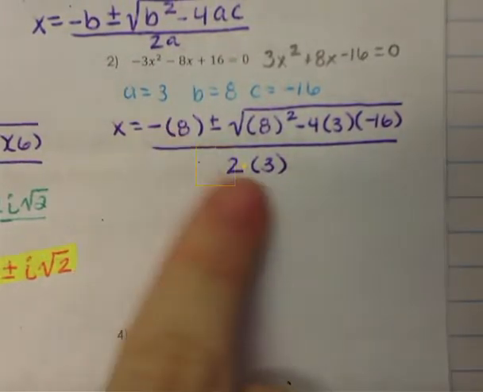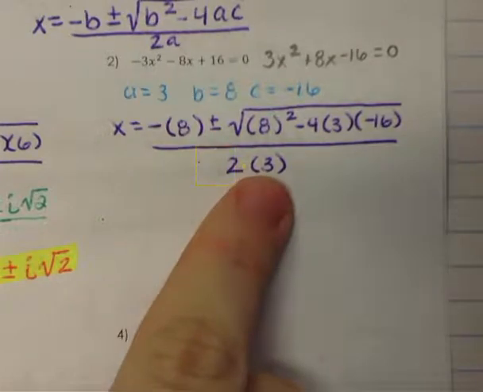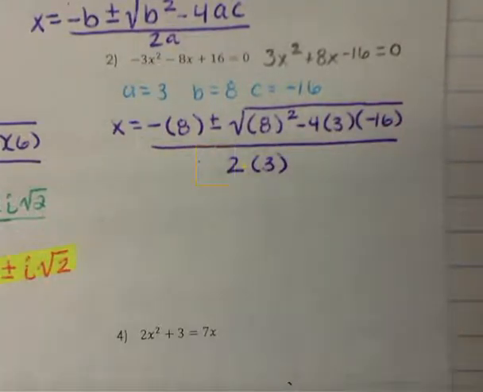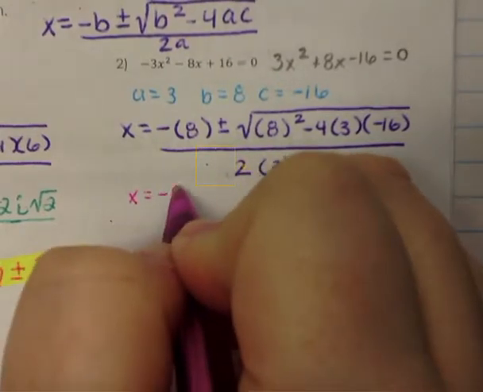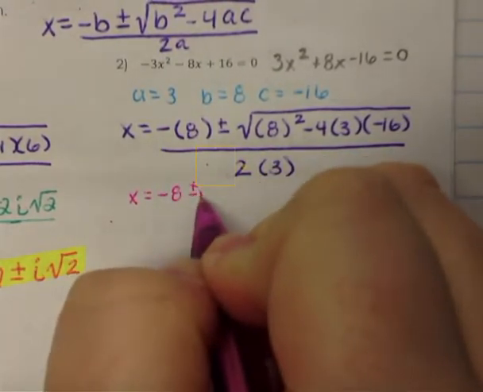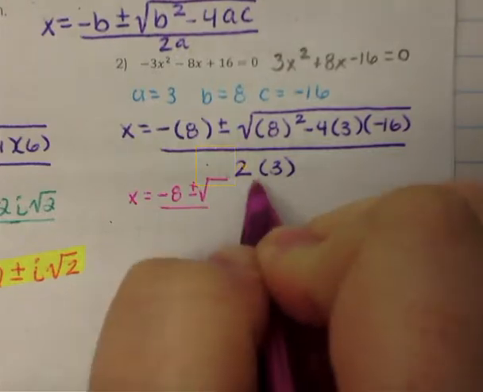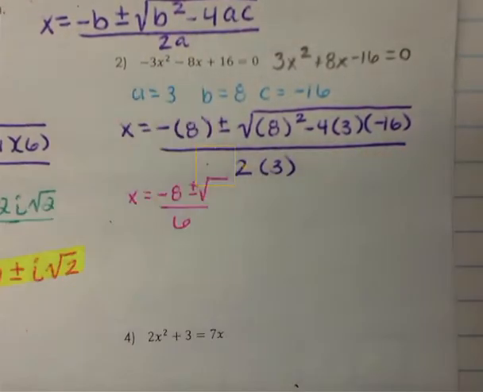So I'm going to fix the first part and then the denominator, and then we're going to find the discriminant in the calculator. So x is equal to negative 8 plus or minus the square root of something, all over 2 times 3 is 6.